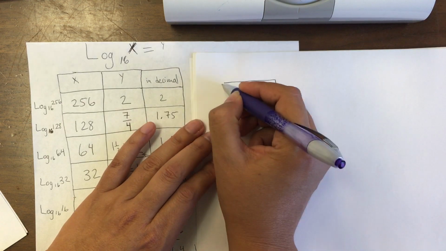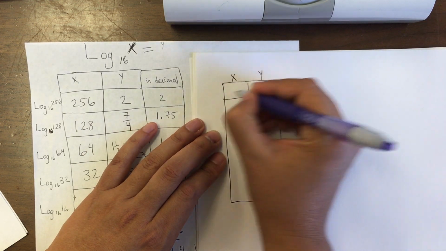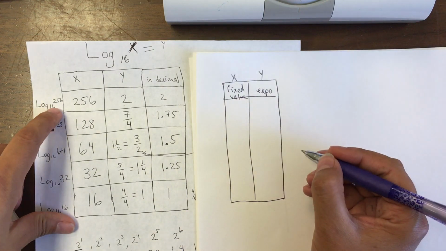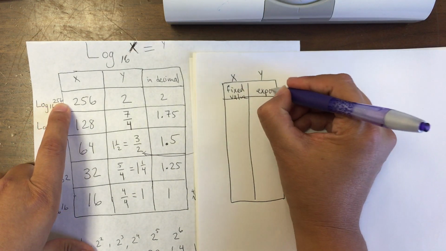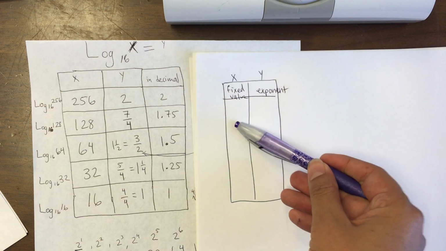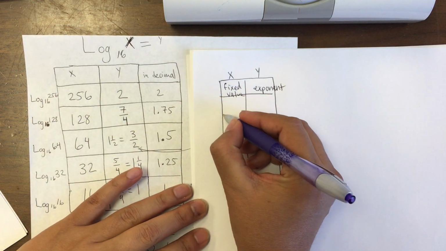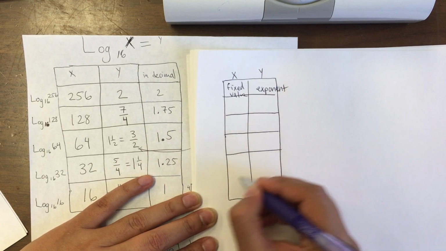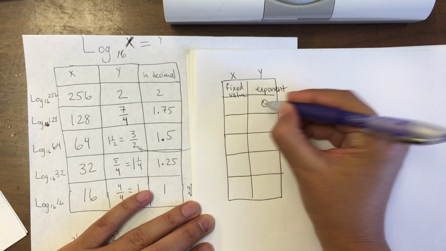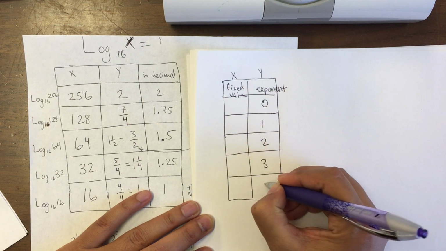What I'm going to ask you to do, you have x, you have y, this is the fixed value, this is the exponent. 16 to what exponent equals 256, that's what it means, basically.